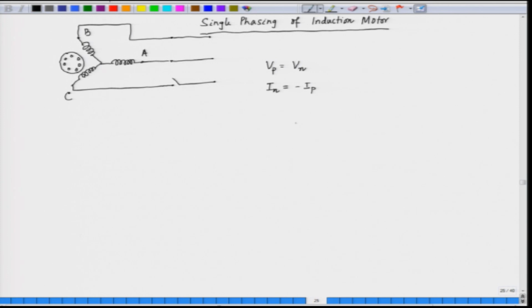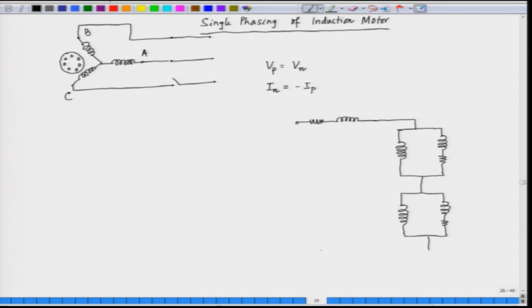In this case, of the induction motor, we have 2 networks here, one is a positive sequence network given by the circuit, and we also have a negative sequence network. And the voltages are equally divided.